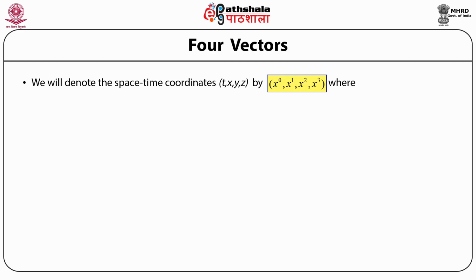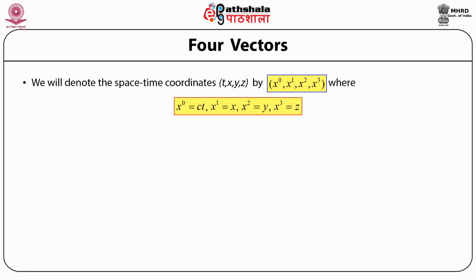So, in order to make a formulation where we can consider this four coordinate space, we introduce the concept of four vectors, where the coordinates t, x, y and z are denoted by x superscript 0, x superscript 1, x superscript 2, and x superscript 3 respectively.